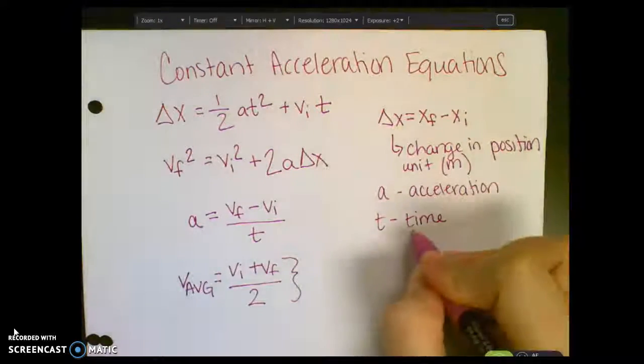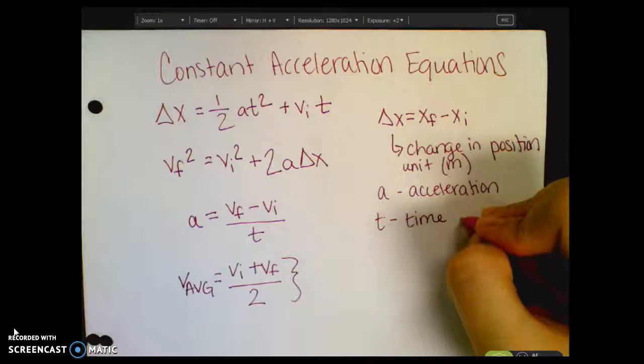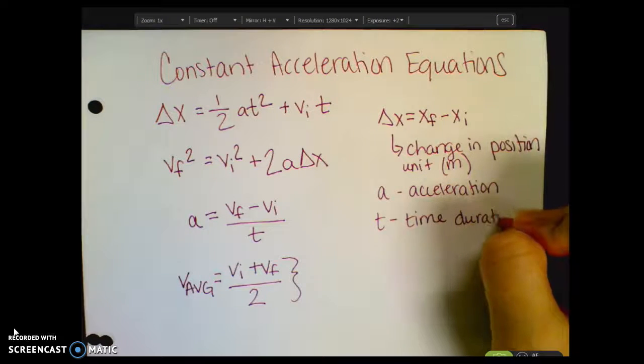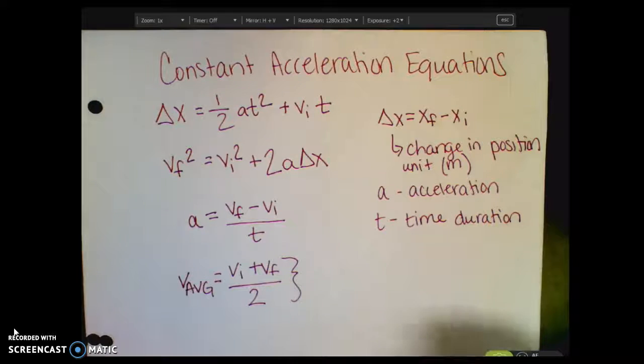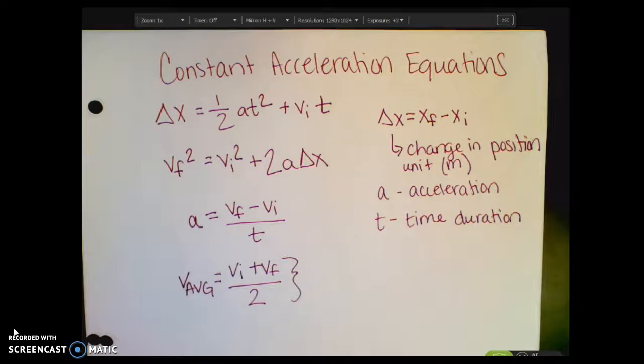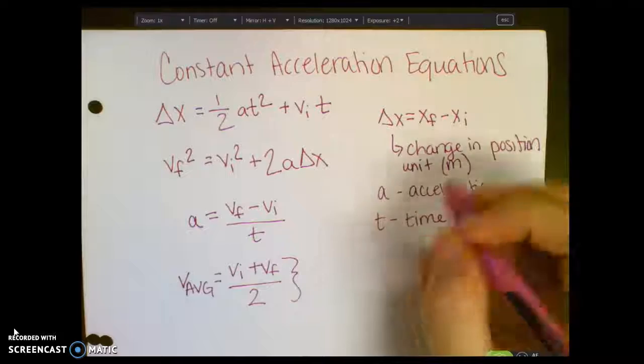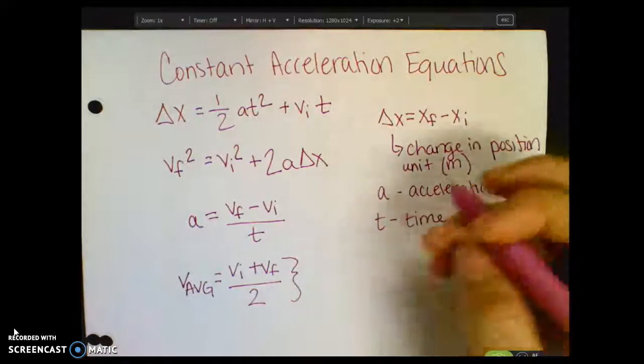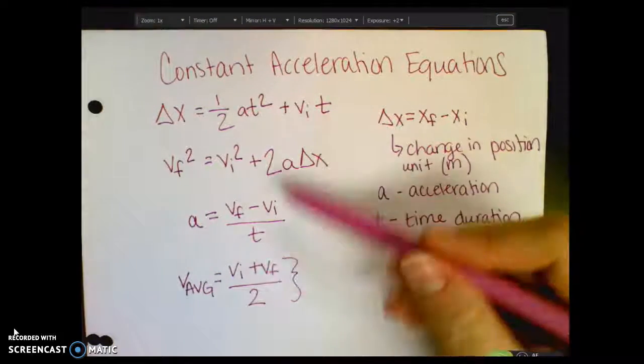Please remember, this is a time duration. I mentioned before, in most cases, our time generally starts at 0, but if we're talking about something going from 2 seconds to 5 seconds, then the t for this equation would be 3 seconds, not 5. So this is a time duration for which the acceleration is happening.